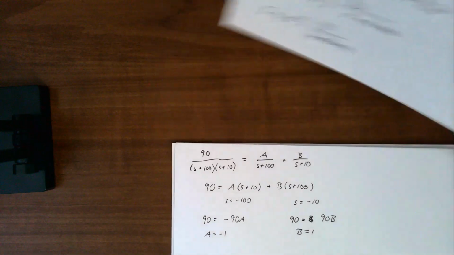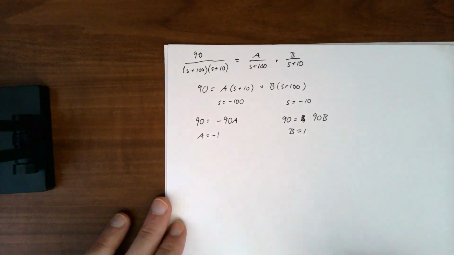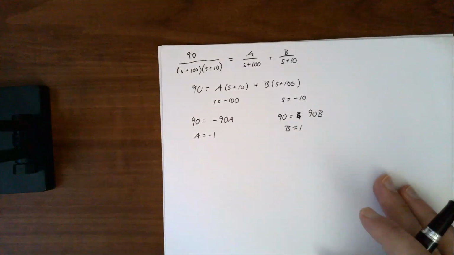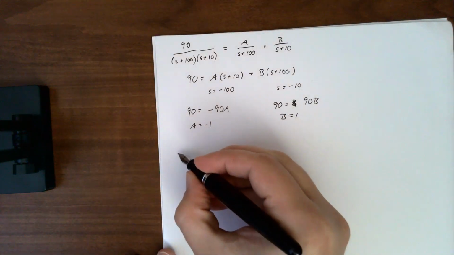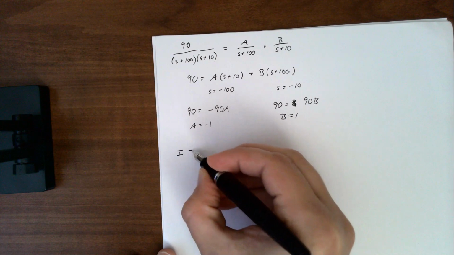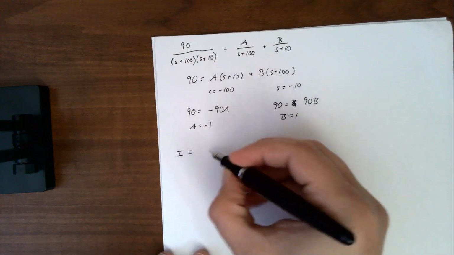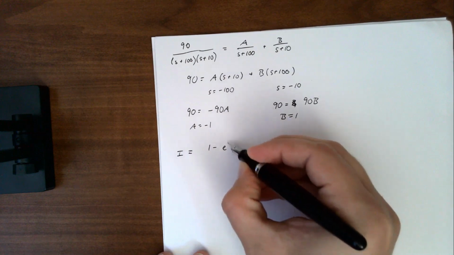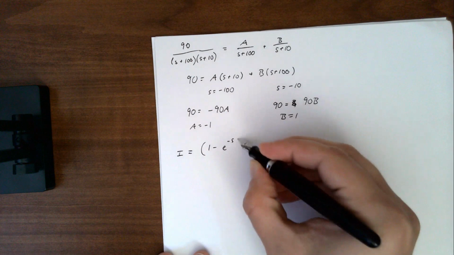Alright, so then taking that and putting it into our original expression here, what did we have? It will now be I equals, so now we're going to have that 1 minus e to the negative s. Don't worry, we are going to be dealing with that shortly.